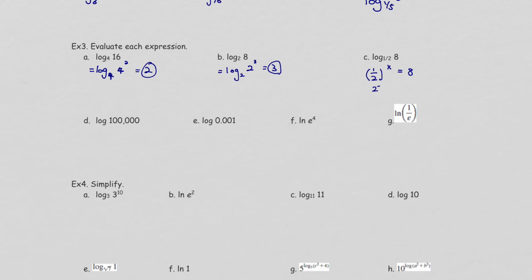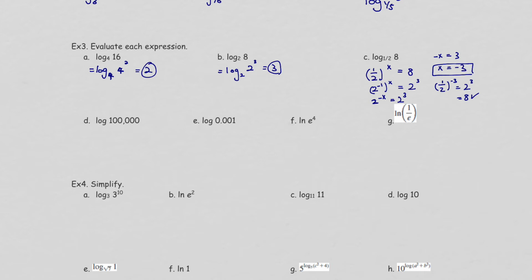So that becomes 2 to the first exponent, and 8 is 2 cubed. This is going to be 2 to the negative x exponent equals 2 cubed. Once you have the same base, drop the base, let the exponents equal each other. So x should be negative 3. And you should be able to check that. If you have 1/2 to the negative third power, that's going to be 2 to the third power, which is going to be 8, right?